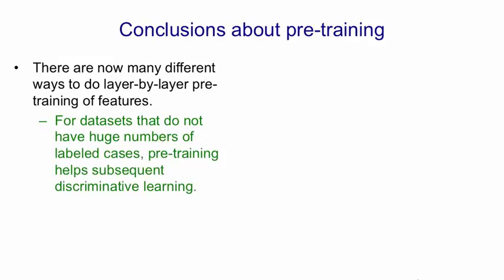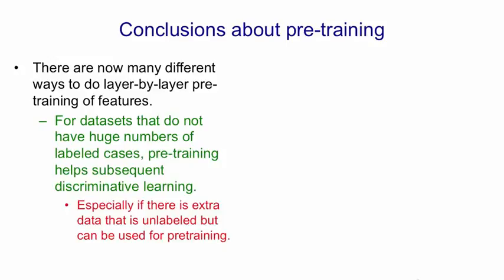It discovers the features without using the information in the labels, and then the information in the labels is used for fine-tuning the decision boundaries between classes. It's especially useful if we have a lot of unlabeled data, so that the pre-training can do a very good job of discovering interesting features using a lot of data.